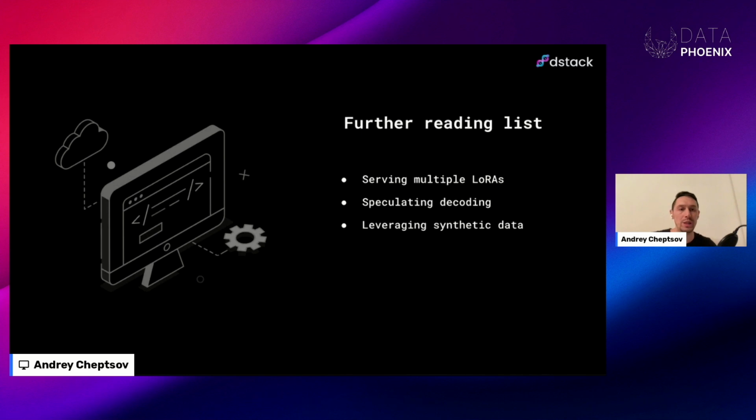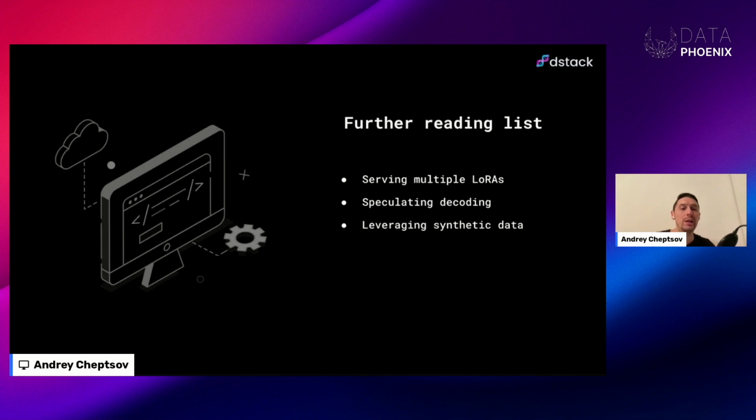A super powerful technique. Then there is speculative decoding, which is an interesting read if you would like to learn how to increase the performance of your model and reduce the latency. The last one I'd like to mention in this list is that there are many ways you can leverage LLMs, not only open source but also proprietary LLMs, to improve datasets, to generate datasets, or to label data.